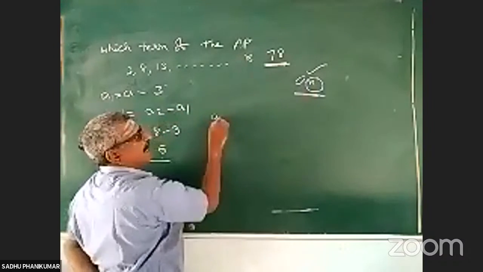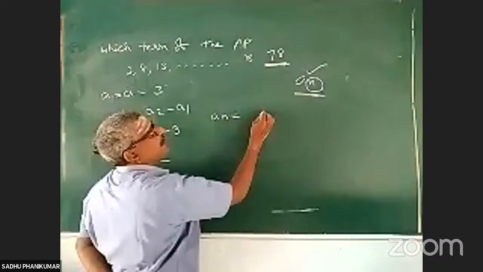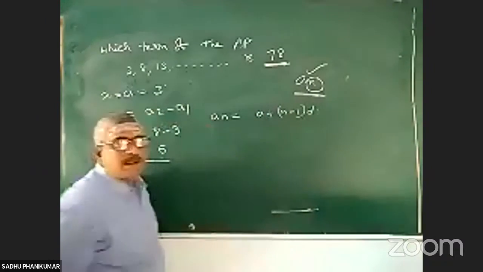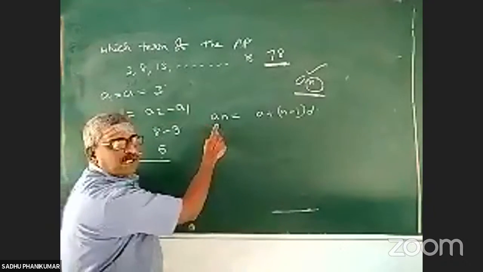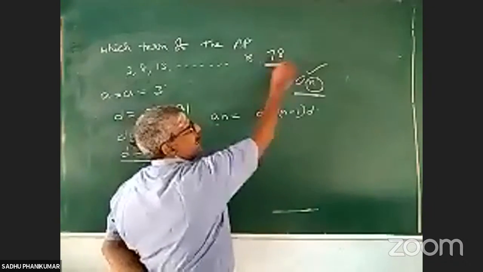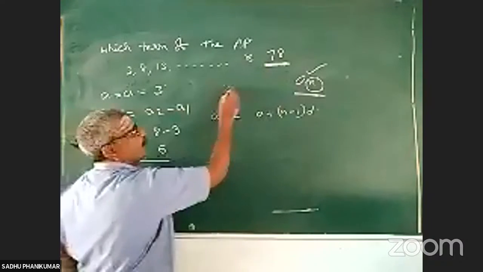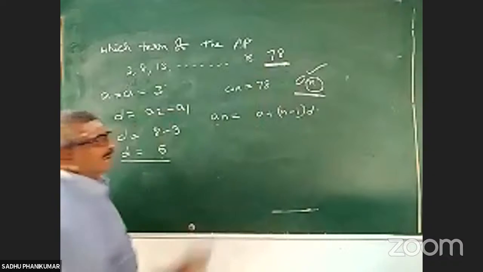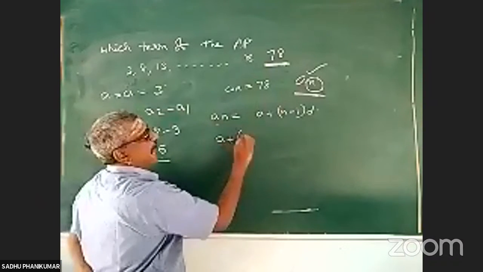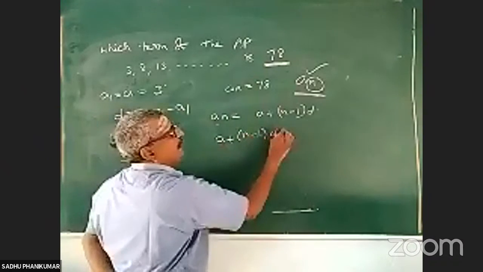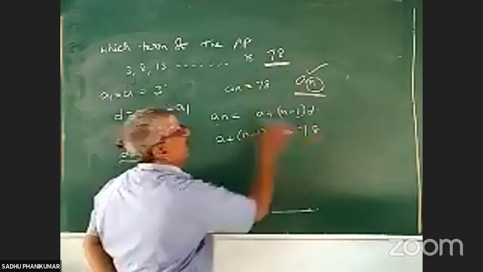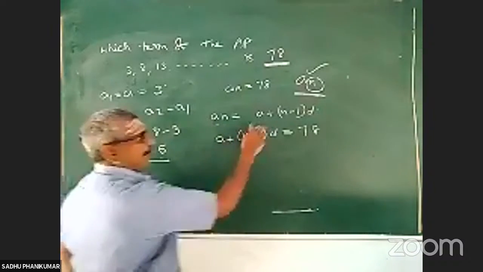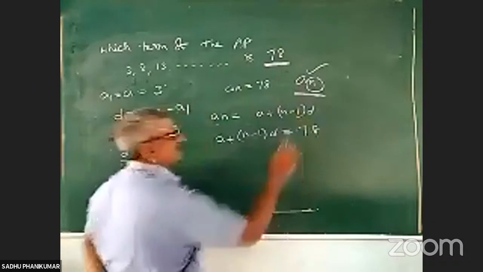So, in general form, AN is equal to A plus N minus 1 into D. But we already have the AN value, which is equal to 78. So A plus N minus 1 into D is equal to 78.